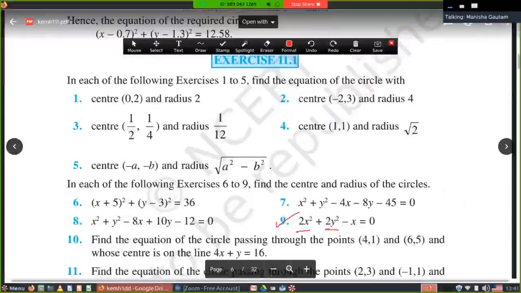If it is not 1, then the first step is to make the coefficient of x square and y square 1. Then proceed with the completing the square method. Here first you have to take the common 2. Then you can proceed with the question to find the center and radius of the circle. This is an important point.